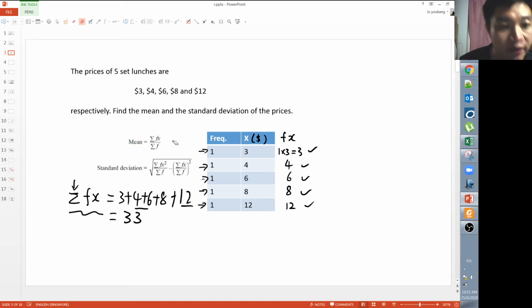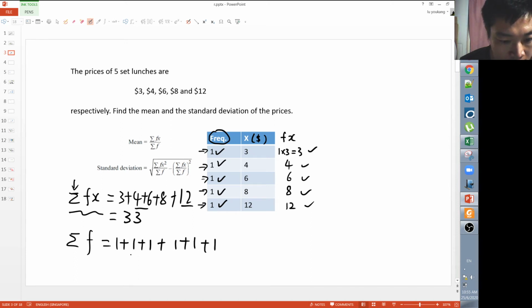And then look at the denominator. The denominator says summation of f. By the way, this is your f. So you just sum up the f. They are all 1, right? So how many 1s do you have? Just add them all up.